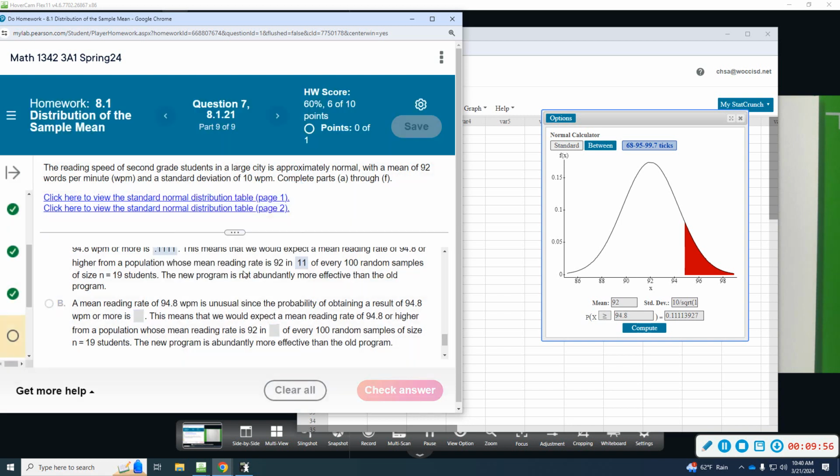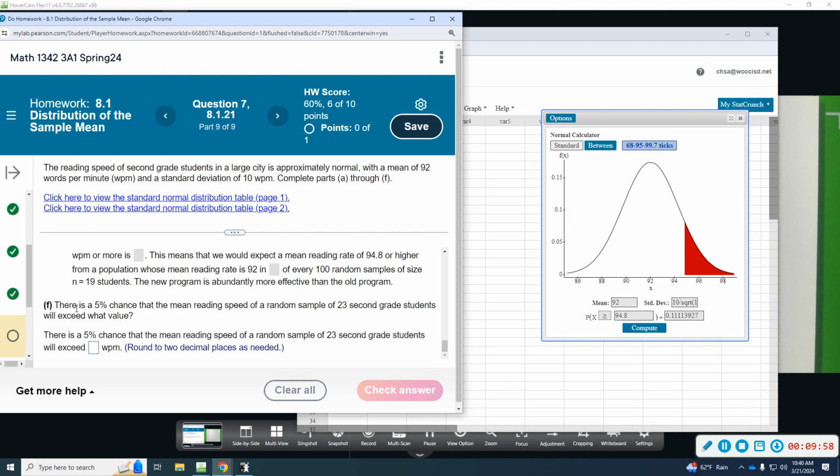And then F, there is a 5% chance that the mean reading speed of a random sample of 23 students will exceed what value? So we are working backwards and we're trying to find the x value so that a sample of 23 will exceed 5%. So there's a 5% chance that it will exceed this number.